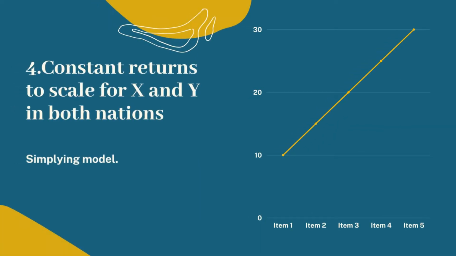The fourth assumption is constant returns to scale for X and Y in both nations, which means that you are familiar with the model in microeconomics and macroeconomics, and it is just to simplify the model.